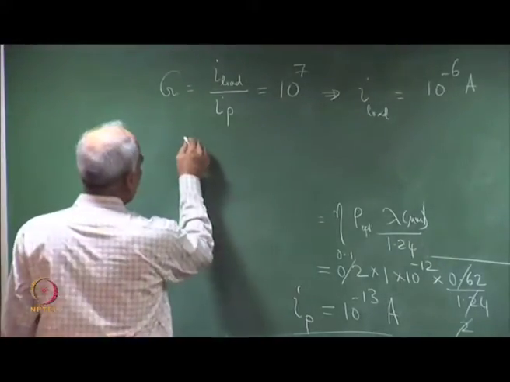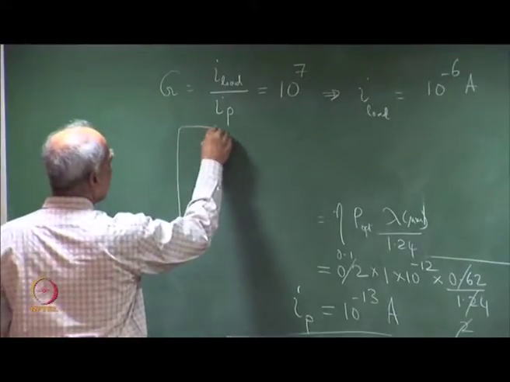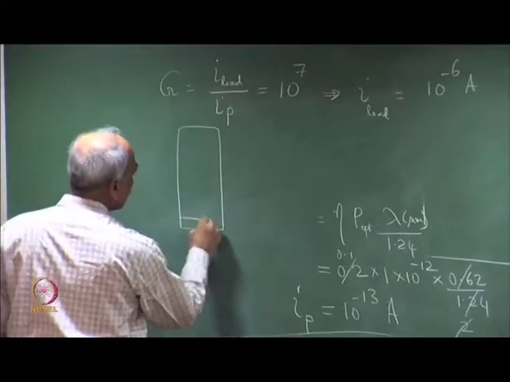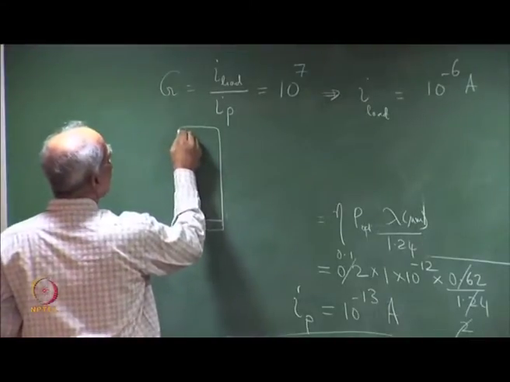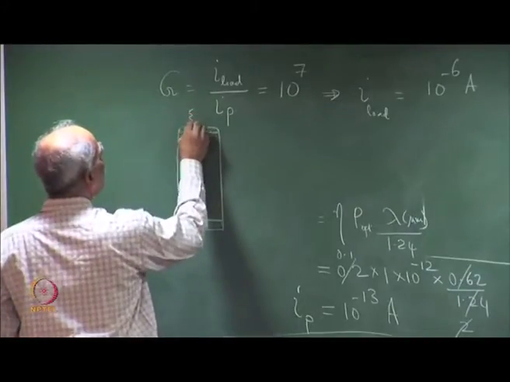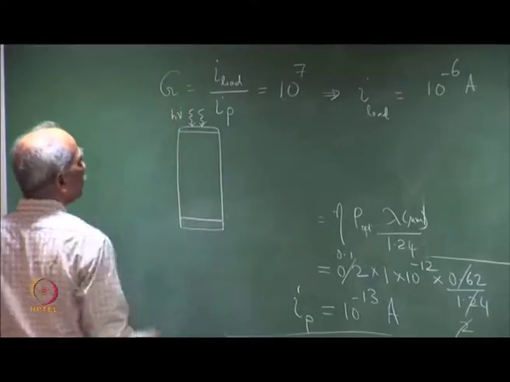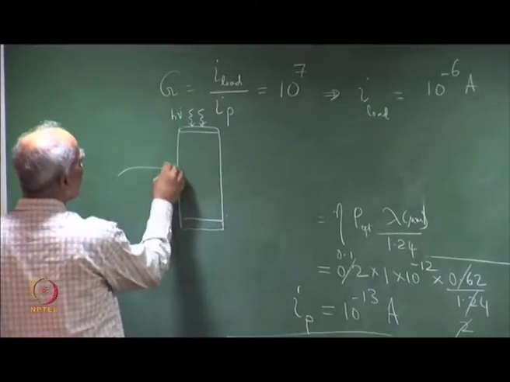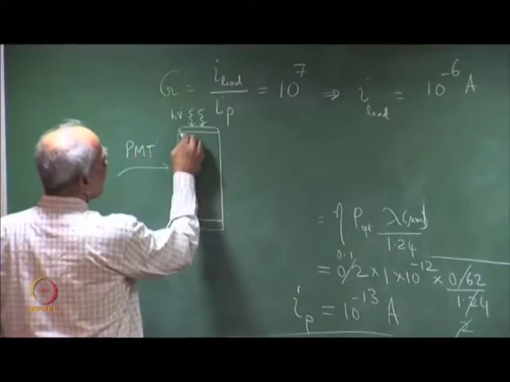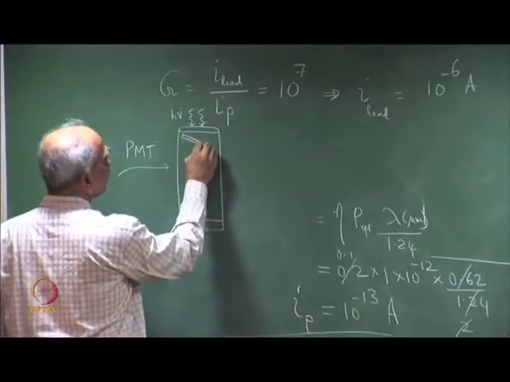Recall that we have a tube. The PMT normally looks like this. There is a tube and a window at the top for photons to be incident. So this is the incident photons, and this is the schematic of a PMT. As soon as photons are incident, there is the photocathode here.